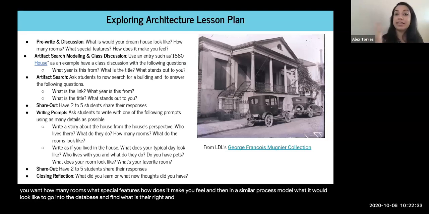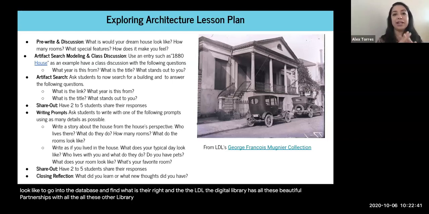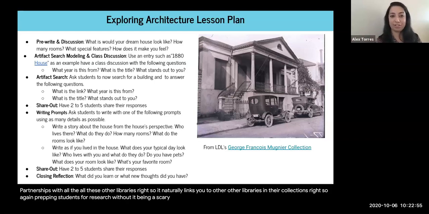And the LDL, the digital library, has all these beautiful partnerships with other libraries, so it naturally links you to other libraries and their collections, right? So again, prepping students for research as a softer introduction to that.